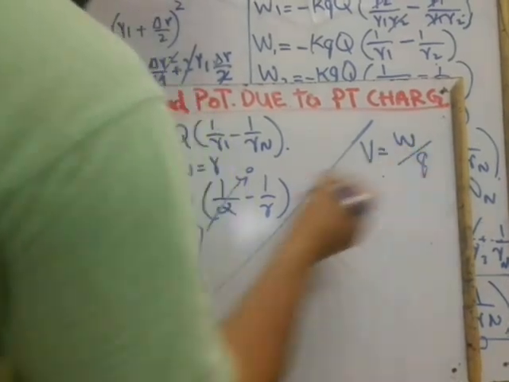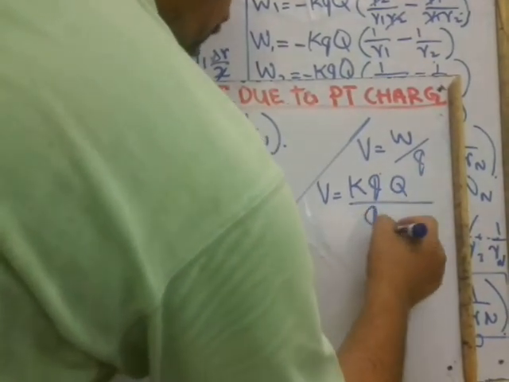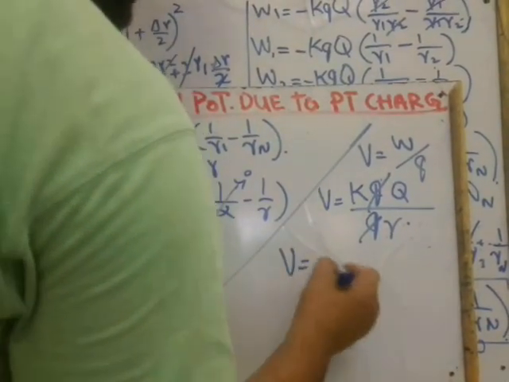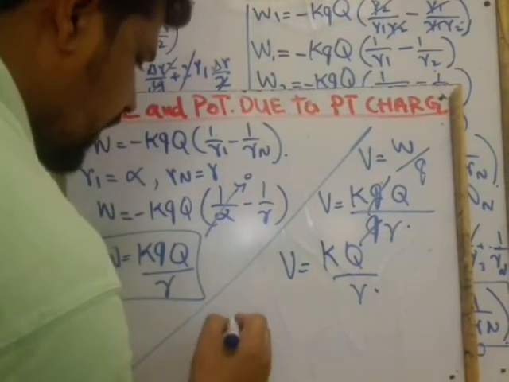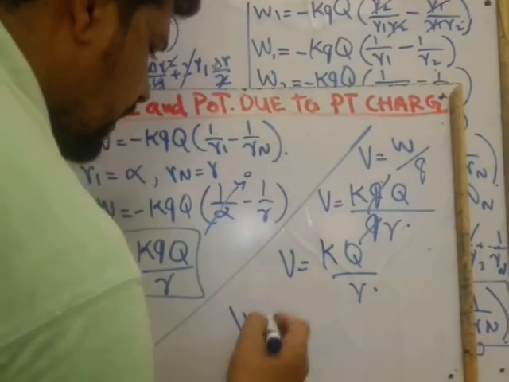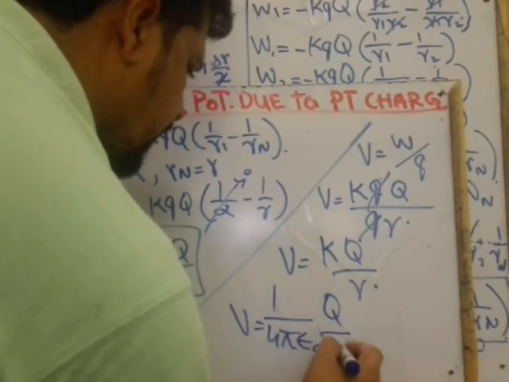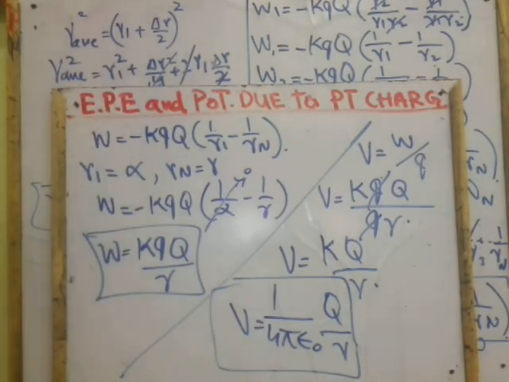Putting the value of W, K small q capital Q divided by R, q cancels, and we have V equal to K capital Q divided by R. Simply, V is equal to 1 over 4 pi epsilon naught times capital Q divided by R. This is the equation for electric potential.